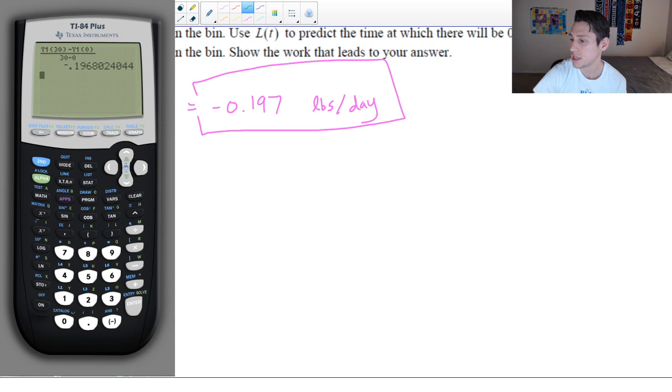So A prime of 15, I can use my calculator again on that because I already have A stored in there. So I'm going to go math 8 for derivative. The derivative of that function that I just had, so y1. And then I want to evaluate it at 15.